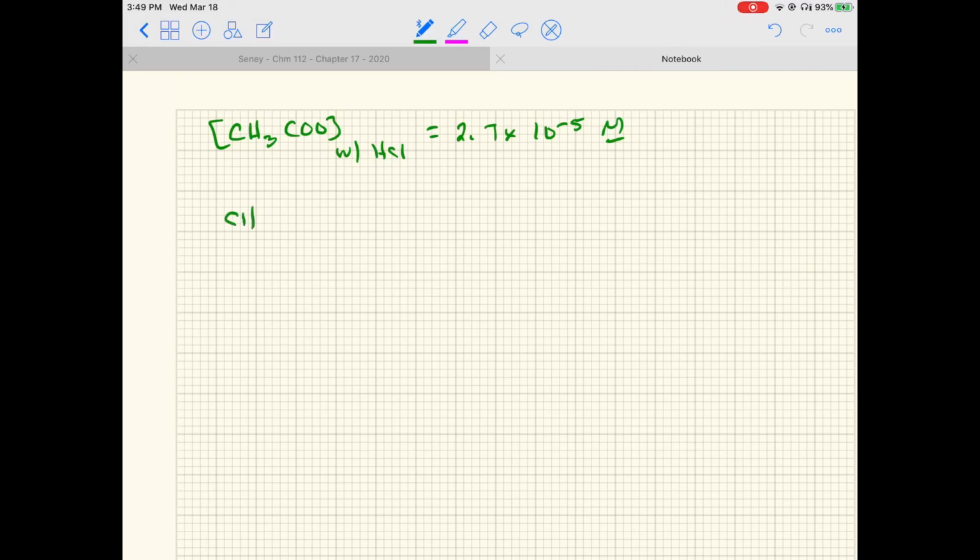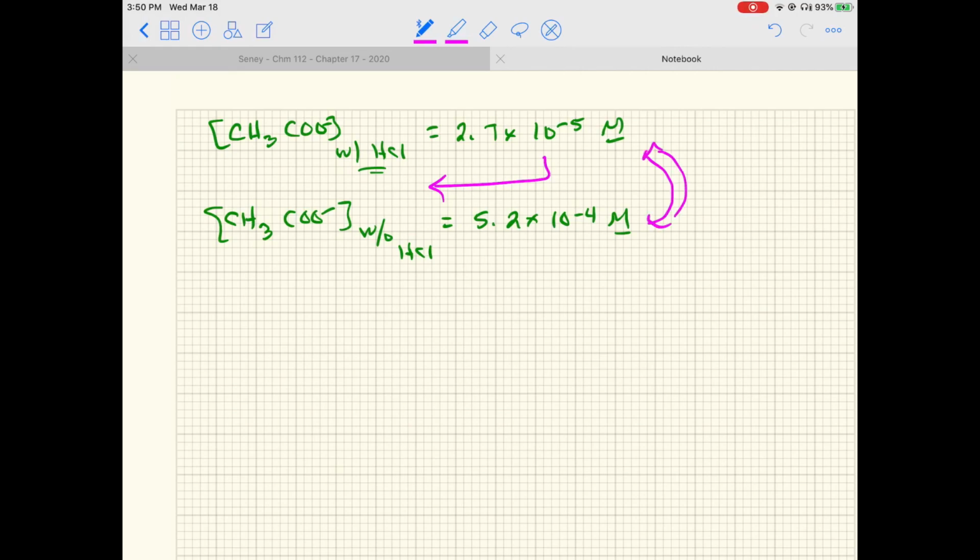If we were to calculate using the same concentration for the acetic acid, but without the HCl present, so there would be 0 there, we find out that it's 5.2 times 10 to the negative 4 molar. So the good thing is our numbers make sense, because when we add HCl, remember it shifted the reaction towards the reactants, so it should decrease the amount of acetate, and you can see between these numbers that's the case.